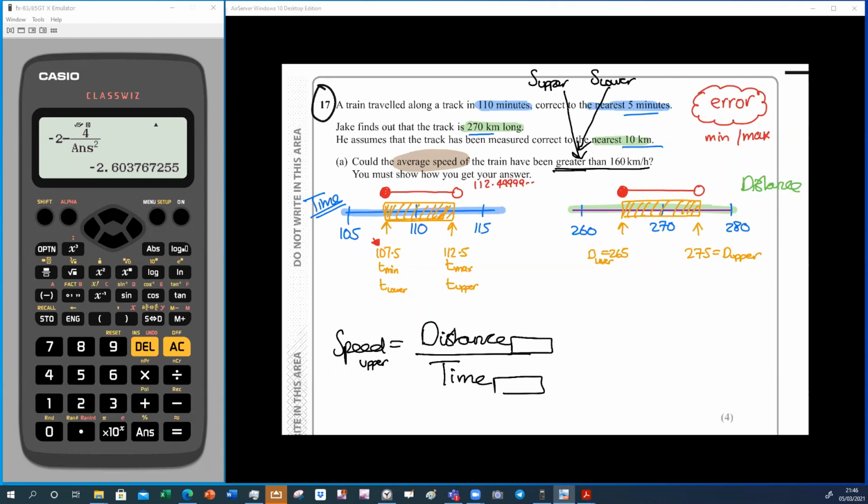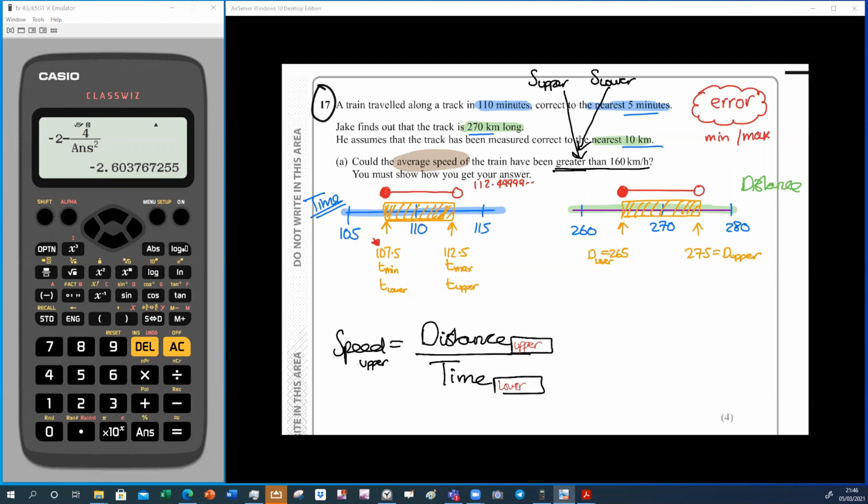Talk to me about what goes into the little rectangles. So you do the distance upper, you put the biggest possible number on top, and on the bottom, the lower bound, the smallest possible time.